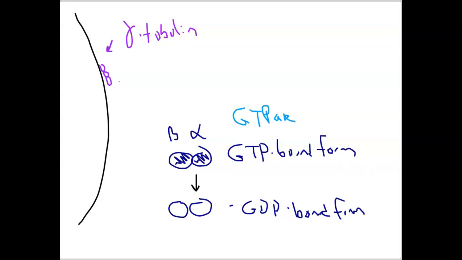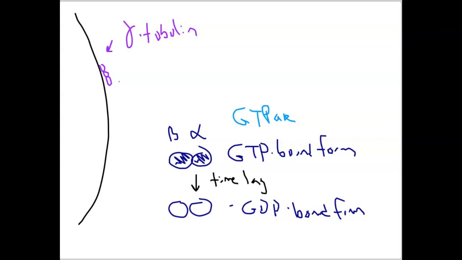Now, again, this cleavage of GTP to GDP is intrinsic to the tubulins themselves, but the tubulins are pretty poor at this. They don't really do a good job as a GTPase, so this takes some time. There's a time lag in order for this cleavage to occur, which actually benefits us.